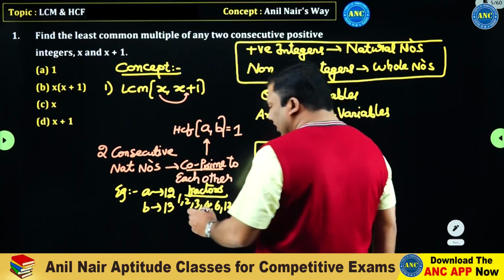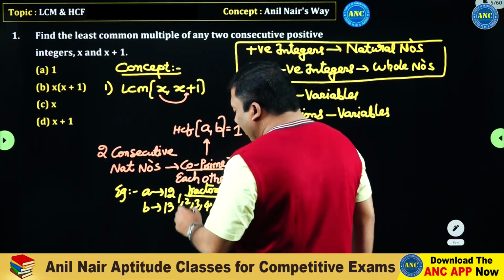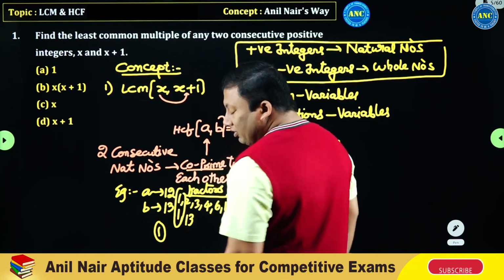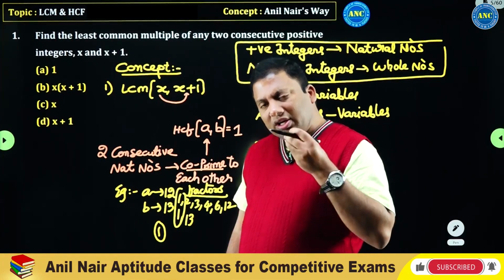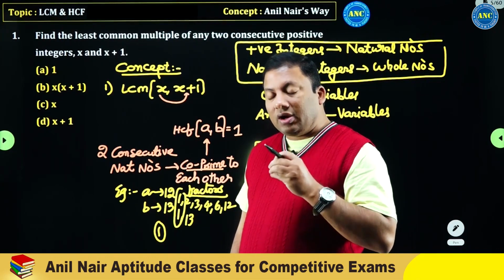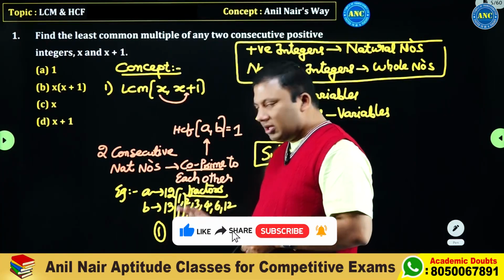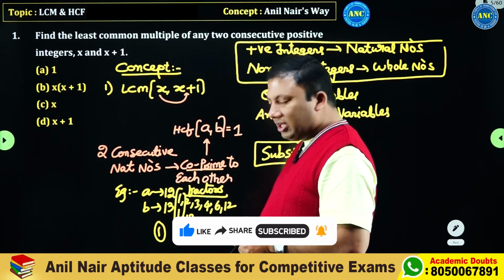The factors of 13 are 1 and 13. What is the factor that is common in both? That is 1. Two numbers, three numbers, four numbers, any numbers are said to be co-prime to each other if they have only one factor common, and that one factor is 1.